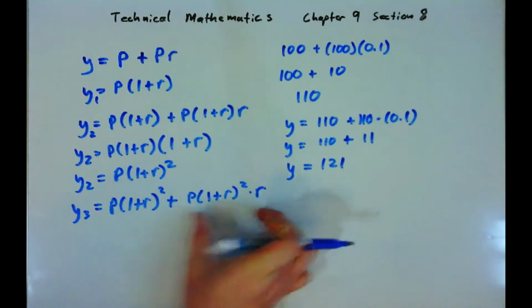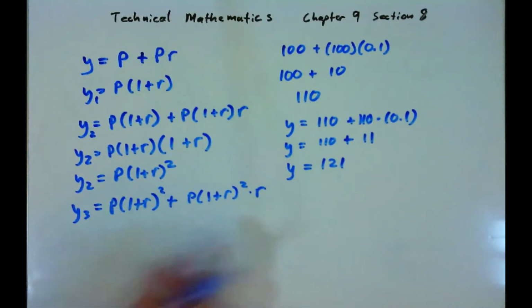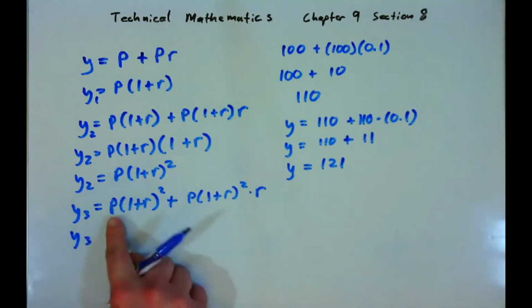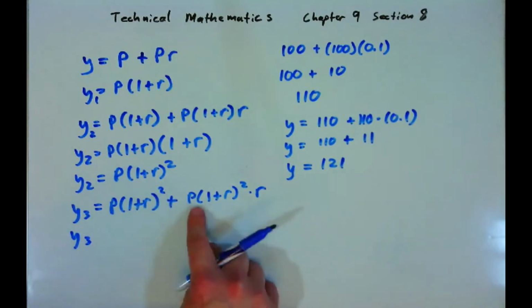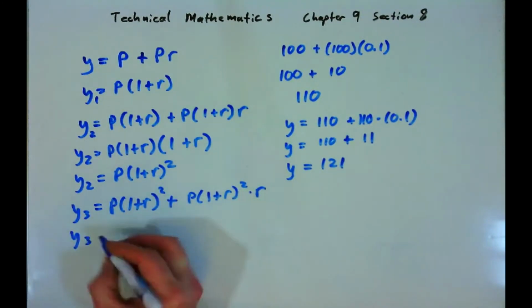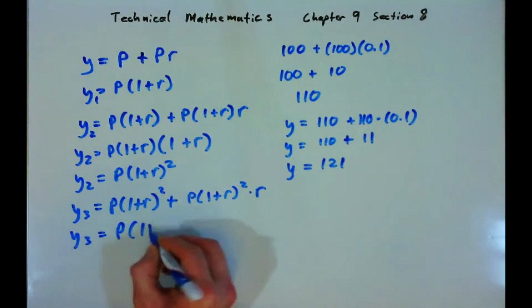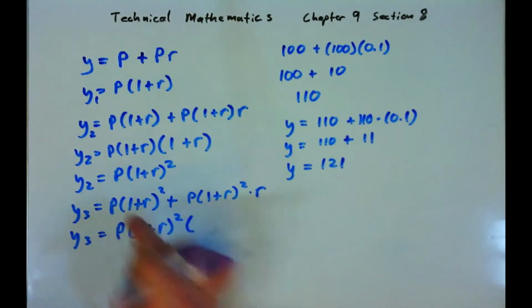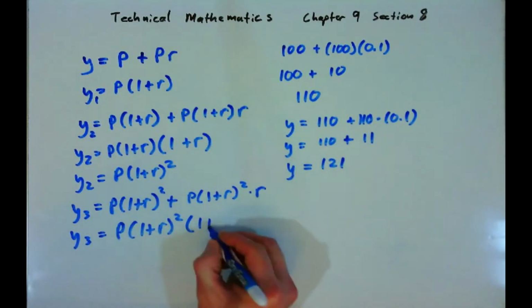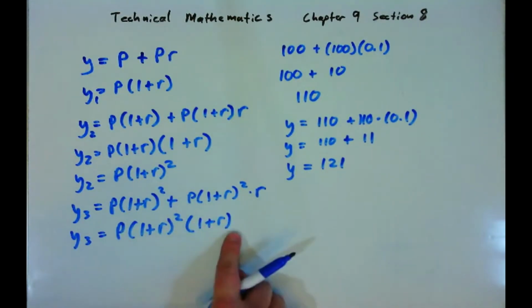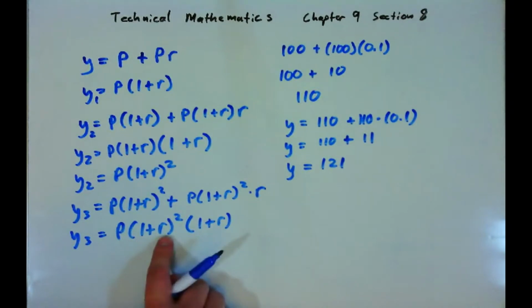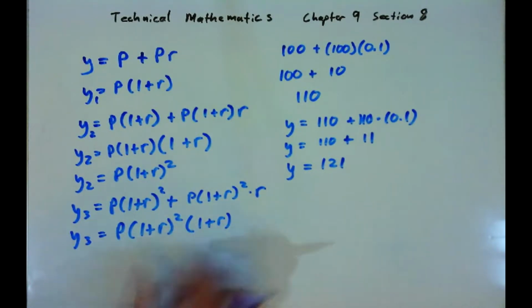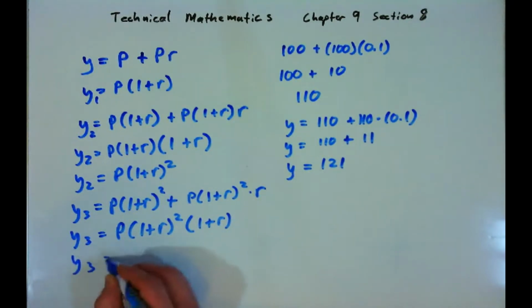So they're giving you interest on your money, plus you have the money you started with. And so again, this factors out, P times 1 plus R squared, and we'll be left with 1 plus R. And so what we get now is 1 plus R squared times 1 plus R is 1 plus R to the third.